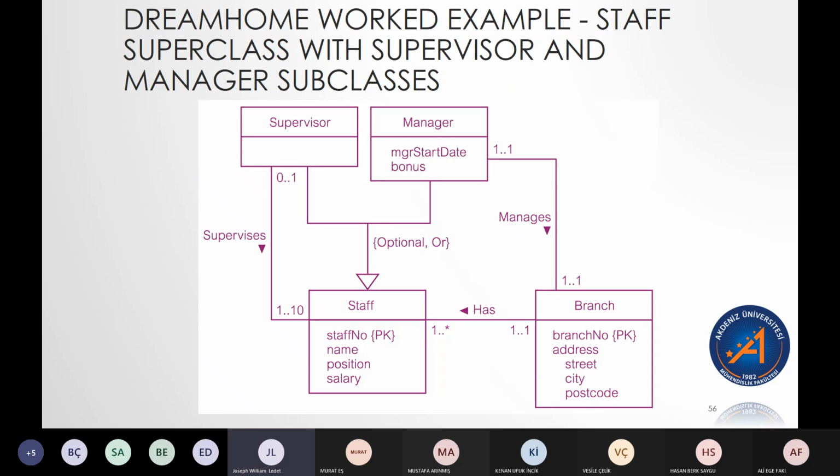Okay. So some other examples we talked about. Here we have an optional or, meaning a staff person could be a manager, could be a supervisor, but if they're one of these, they cannot be the other. Okay.